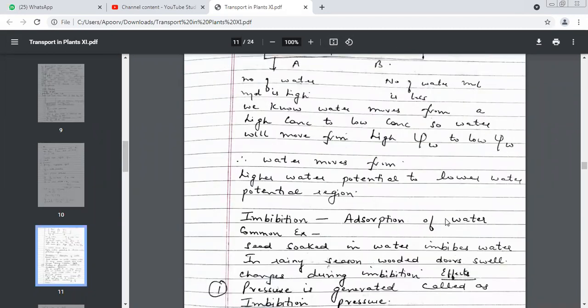Now let's move on to imbibition. 2 common examples of imbibition. Seeds soaked in water, and wooden doors swell. Okay, there are 3 effects of imbibition. Tell me quickly. Pressure is generated, heat is generated.